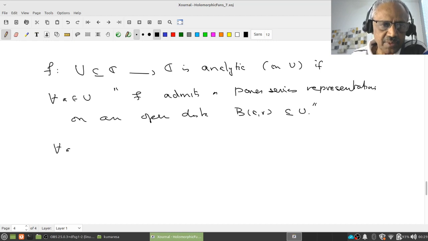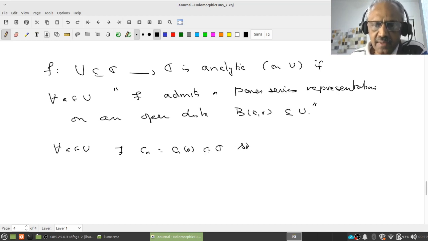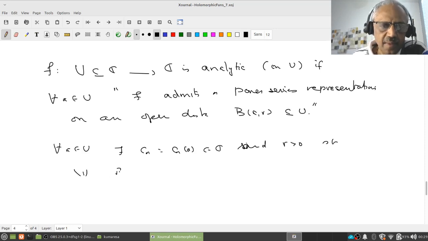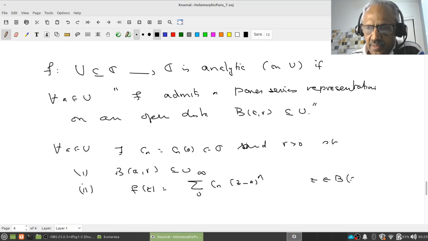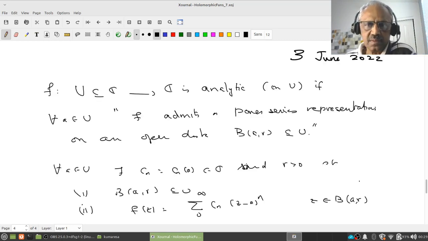This means for every a in U, there exist constants c_n in C, which may depend upon a, and r positive, so that B(a,r) is contained in U, and f(z) is the summation of c_n (z - a)^n running from 0 to infinity. This should be true for every z in B(a,r). You follow that?